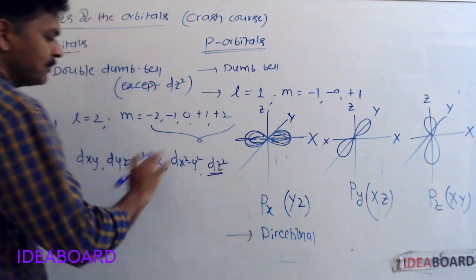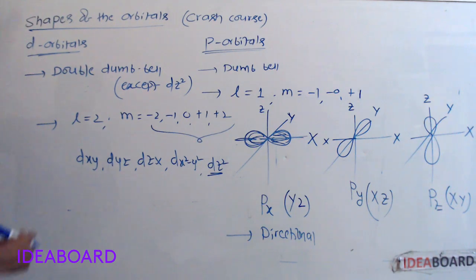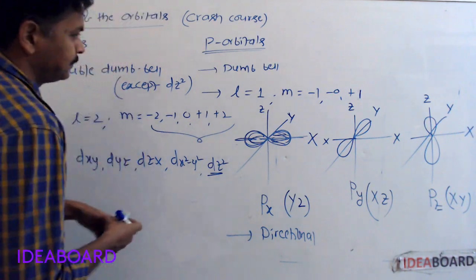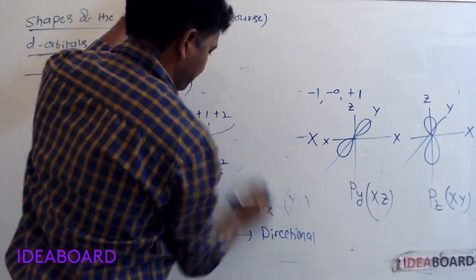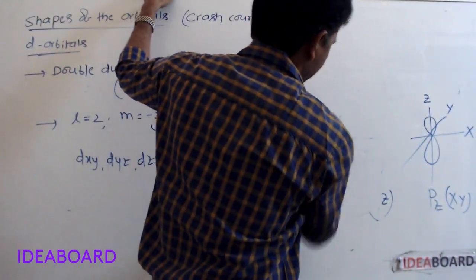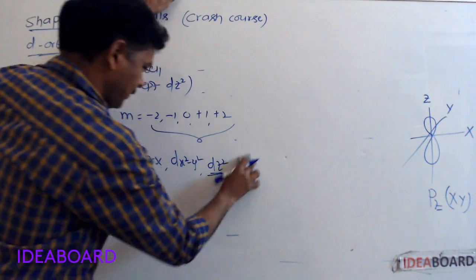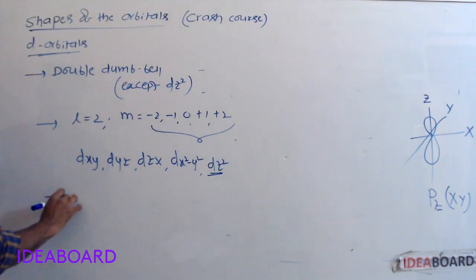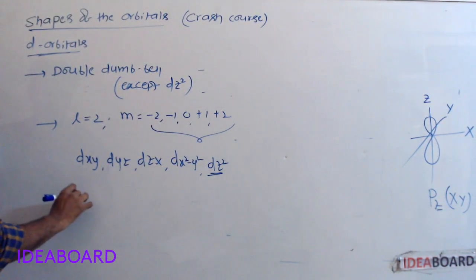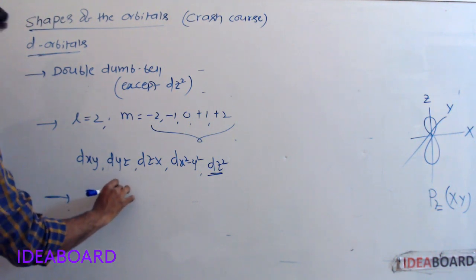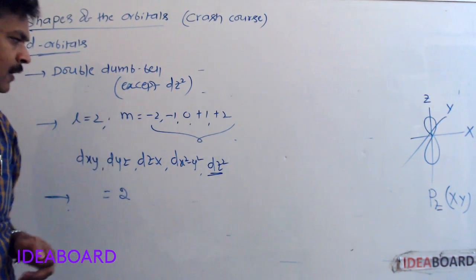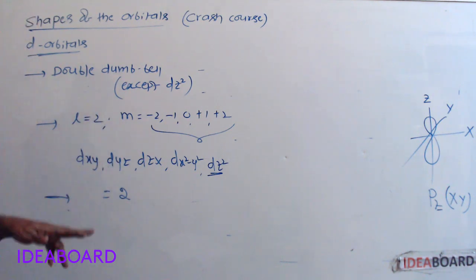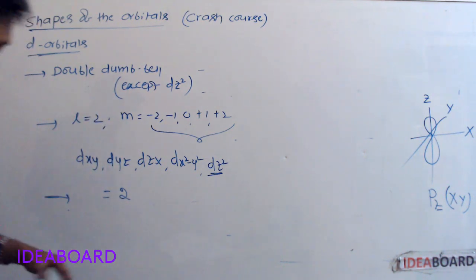This dz square orbital shape is not double dumbbell shape. Number of nodal planes is equal to L. For d orbitals, L value is 2, so the number of nodal planes is 2.